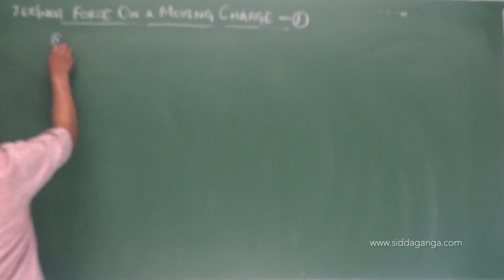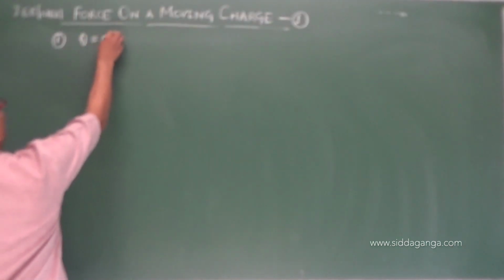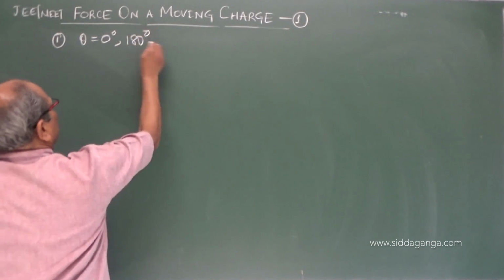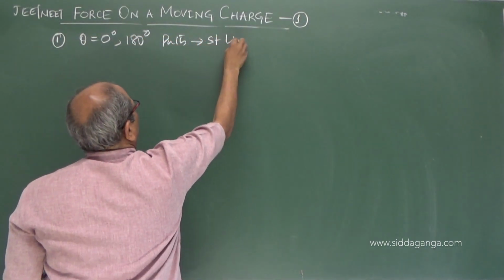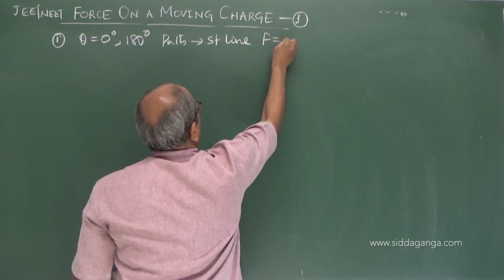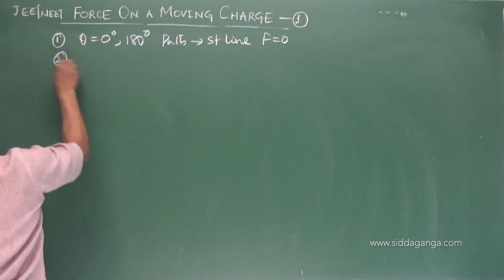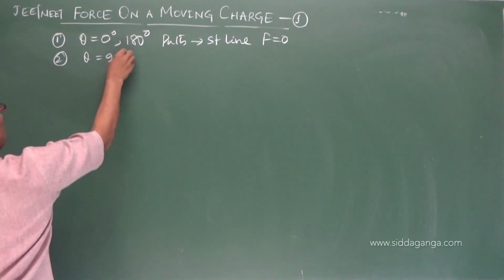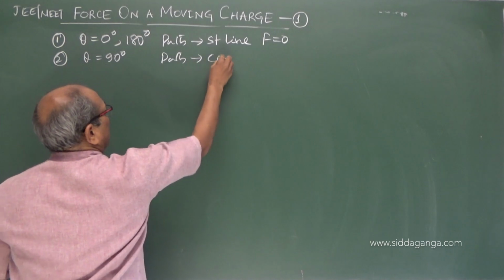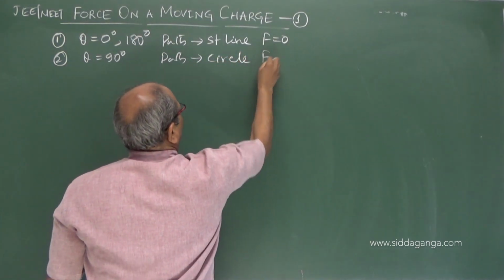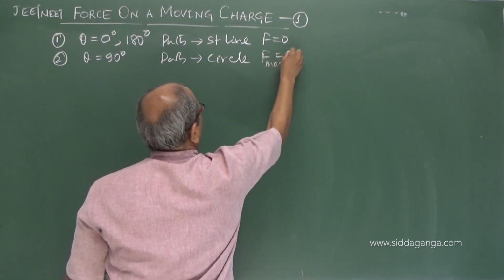One case we have taken, theta 0 or 180 degrees: the path is a straight line, and the force is 0. Second, when theta equals 90 degrees, the path is circular and the force is maximum, equal to BQV.